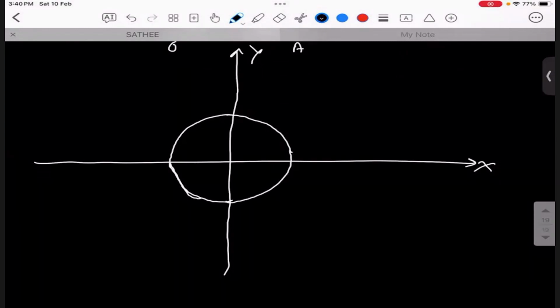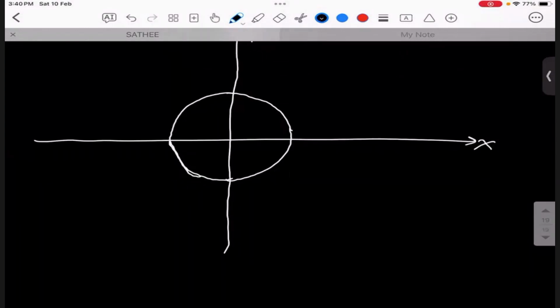Now this is the position of any point P. So how can we reach this point P? Let us first go from the origin. How can I go to P? So one way is this.